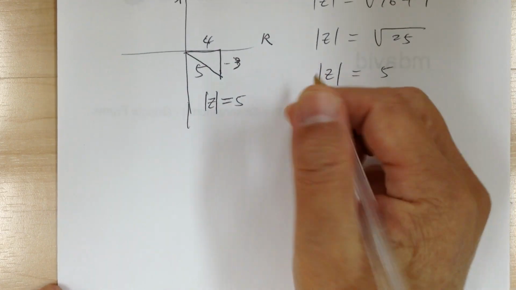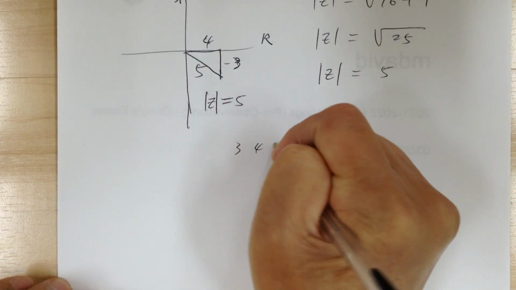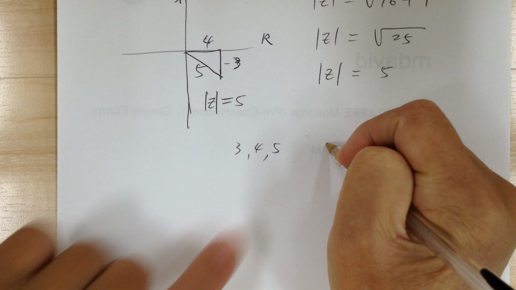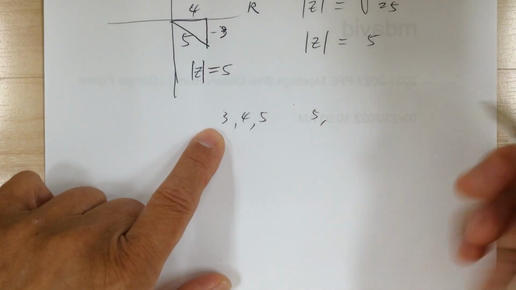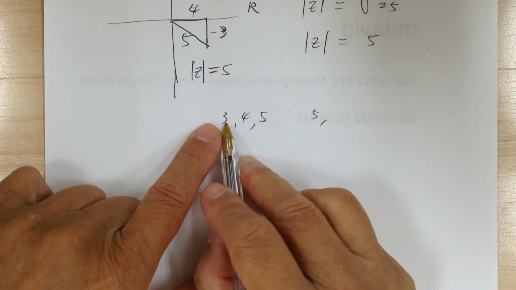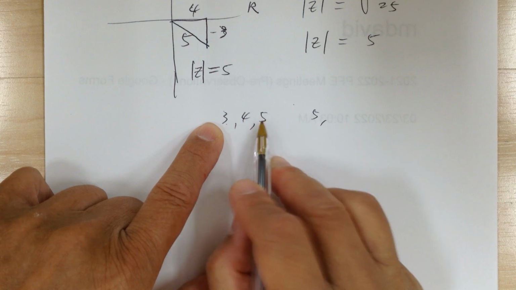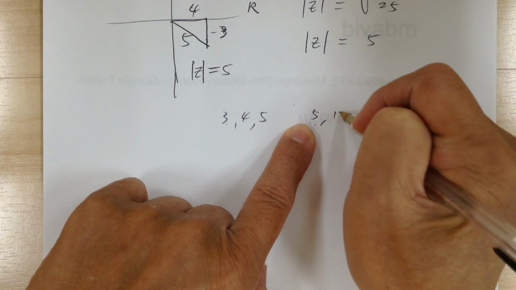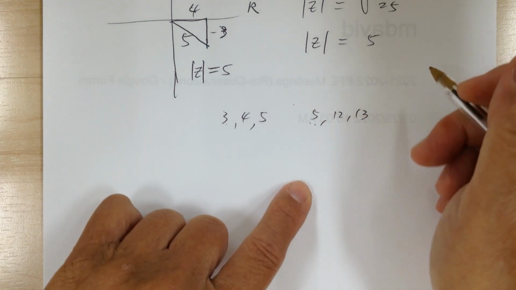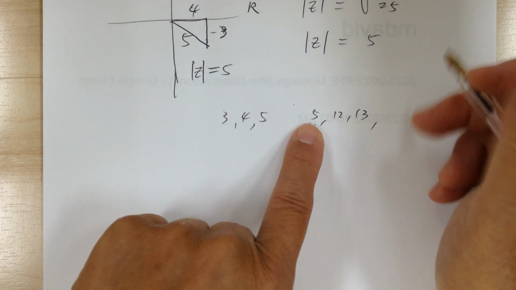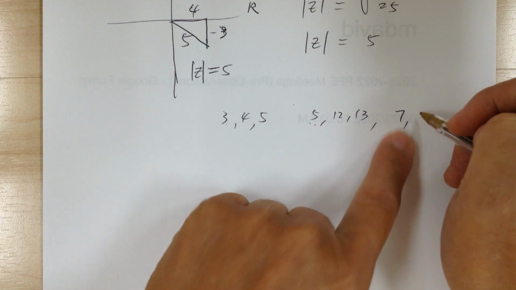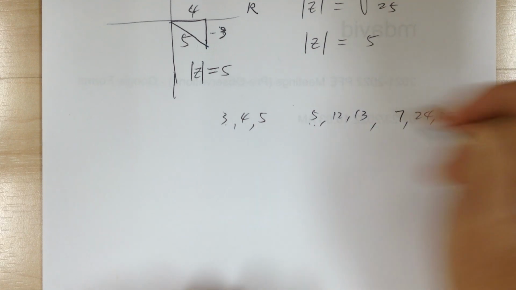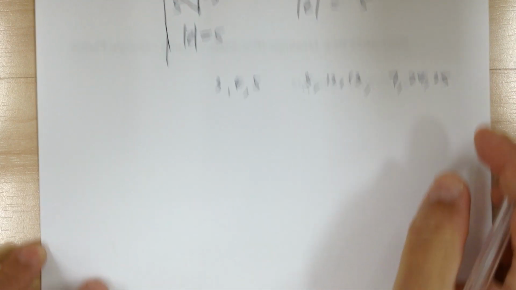Some of the special triangles are like 3, 4, 5, right? The easy way to remember is that the square of the odd number will equal two consecutive numbers. So 5 squared is 25, so it would be 12 and 13. And if it's 7, it's 49, so it would be 24, 25. So you've got to know your special triangles.